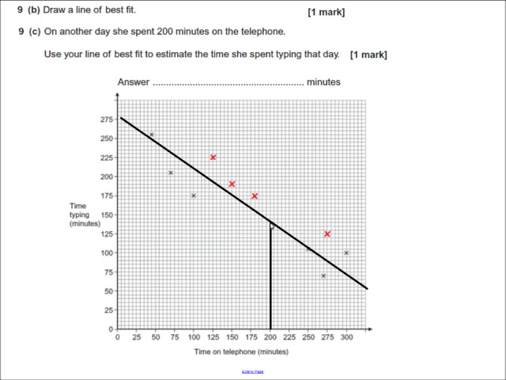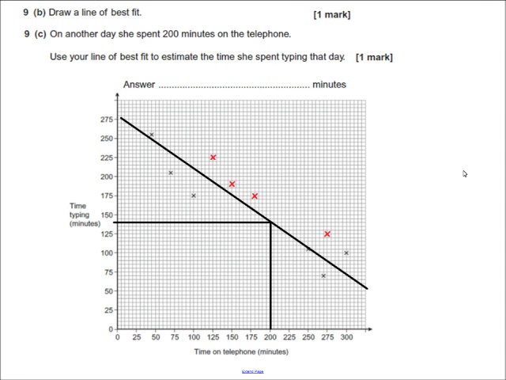From there, we need to go horizontally across and read off how much time she spends on typing. So from what we've got here, I would say 140 minutes when she's on the telephone for 200.